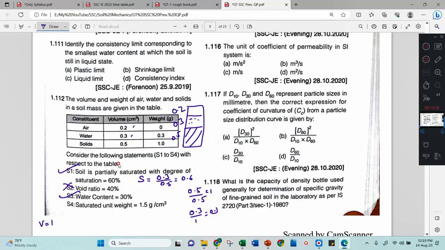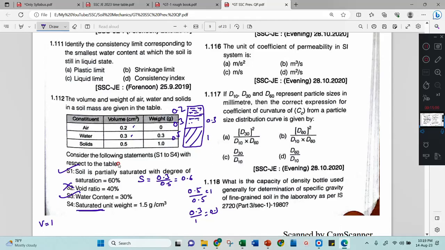Mass is how much? 0.3. And this is one mass and this is another mass. Is there any mass here? Water mass? Air mass? No. But they are asking saturated. They are asking saturated means this must be filled by water.